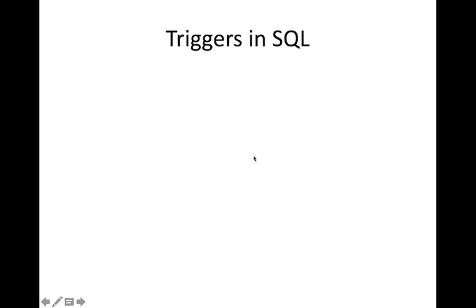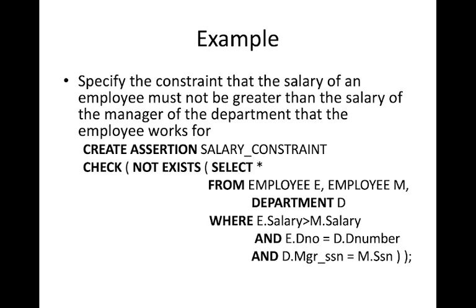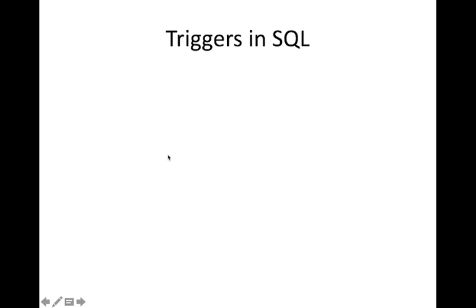To create the assertion, you use create assertion, name it, then check the condition, and this condition should hold true in all cases. Whenever you update the salary, it automatically checks this condition. So for that we use create assertion.